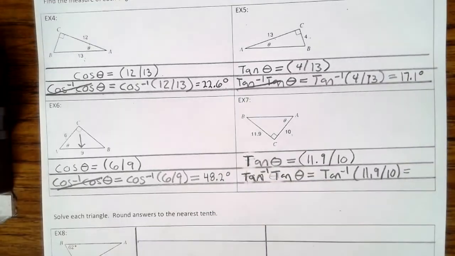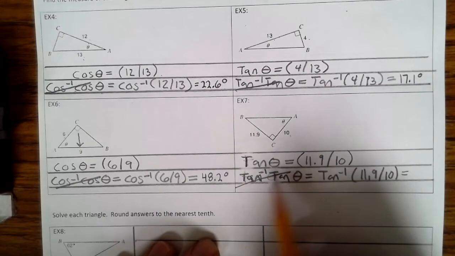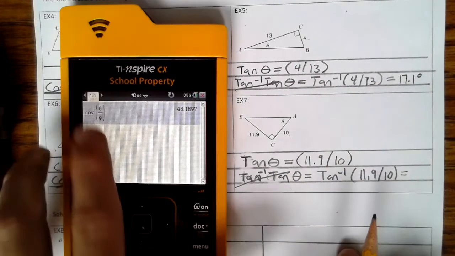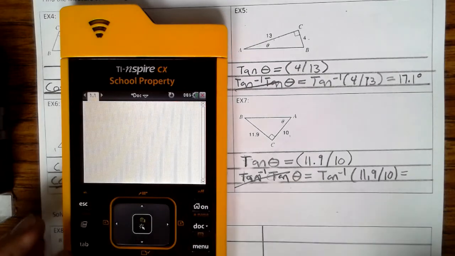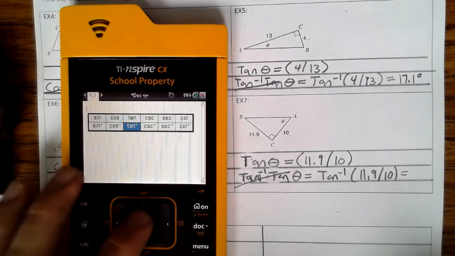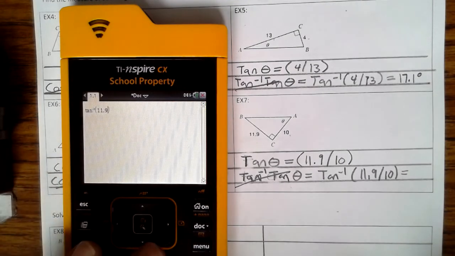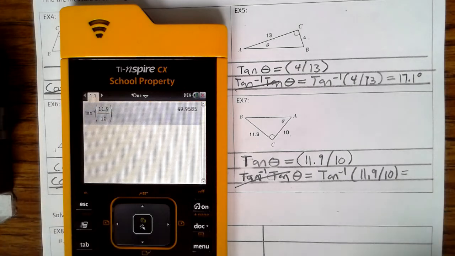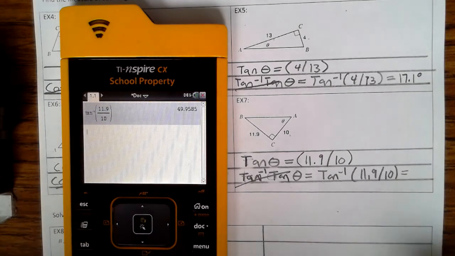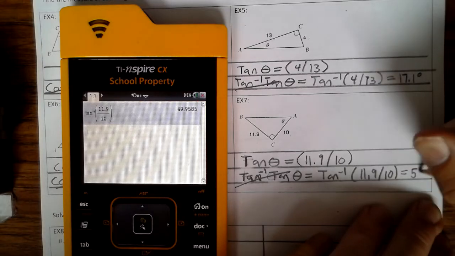So trig tangent inverse of 11.9 divided by 10 is 49.9, which lets us round that to 50 degrees. All right, go ahead and finish up examples 4, 5, 6, and 7.